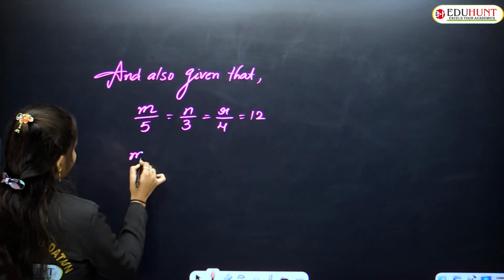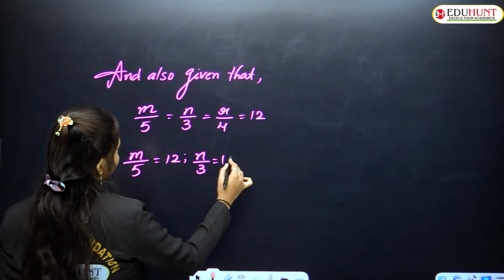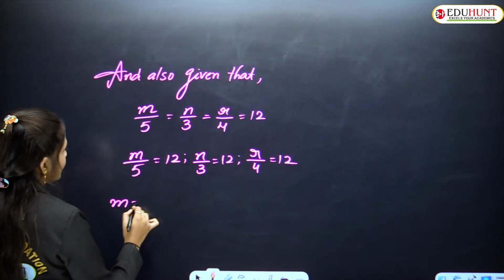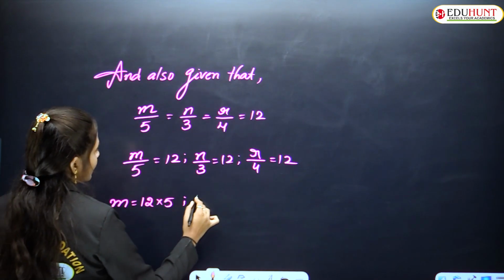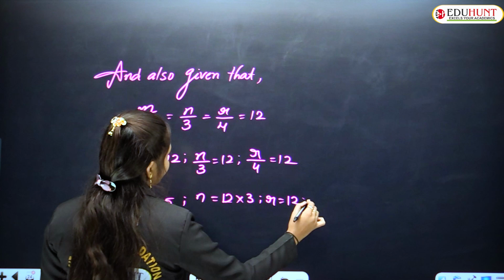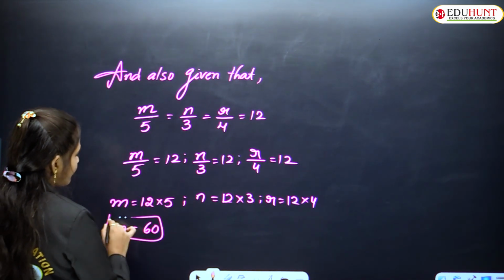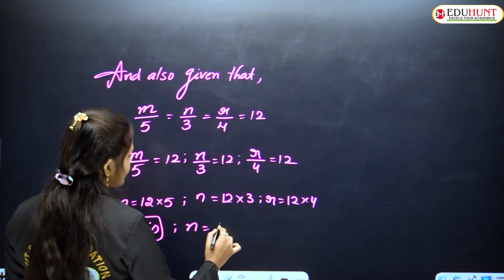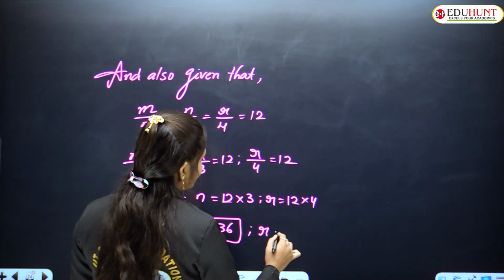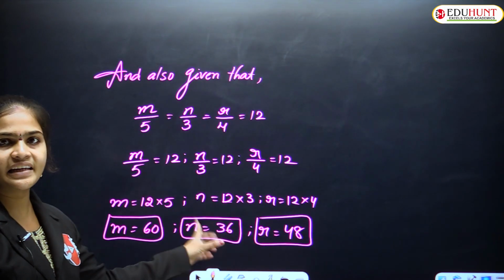So m by 5 is equal to 12, n by 3 is equal to 12, r by 4 is equal to 12. Now m is equal to 12 into 5, which is 60. n is equal to 12 into 3, which is 36. r is equal to 12 into 4, which is 48. These three are the values of m, n, r.